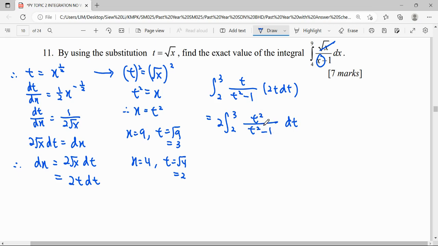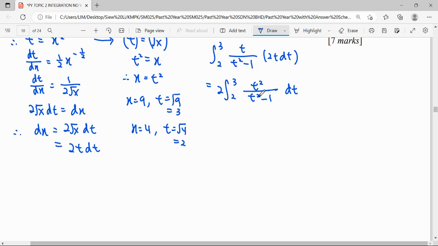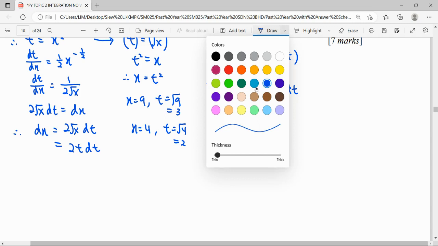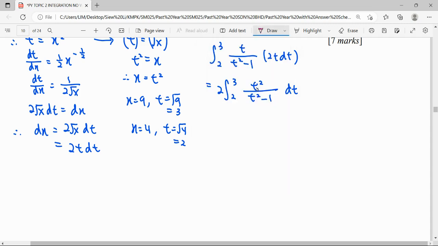When you want to integrate this fraction, we notice that it is an improper fraction, where quadratic divided by quadratic means this function can still be simplified. So we have to do long division to simplify it.